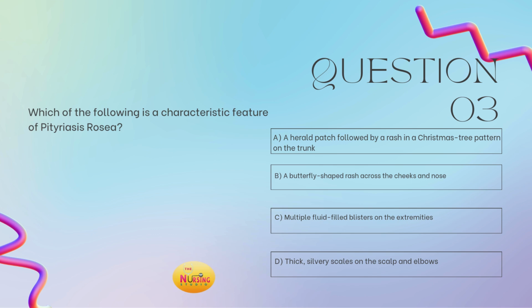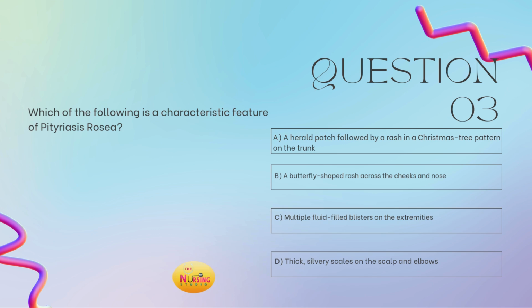But while I have you, let's talk about these other ones just for a little extra, right? So a little bonus recall. B says a butterfly-shaped rash across the cheeks and nose. What do you think about with a butterfly-shaped rash across the cheeks and nose? Tell me in the comments. You should think lupus, right?